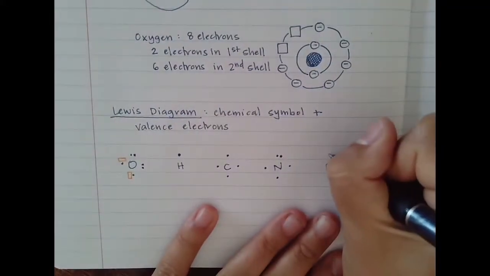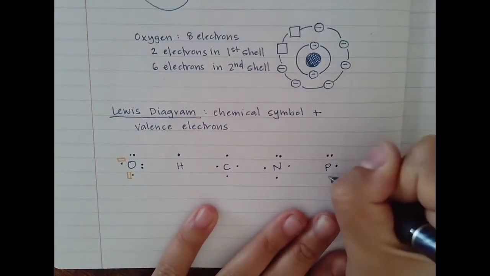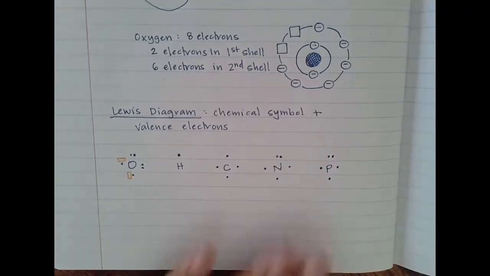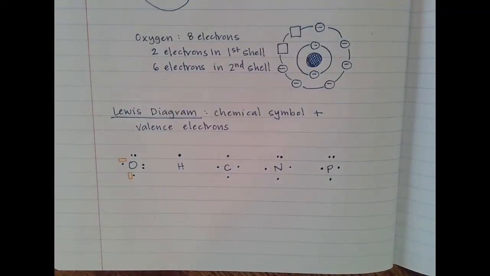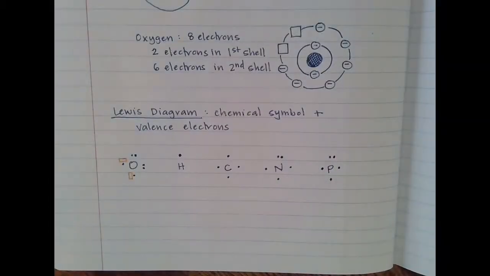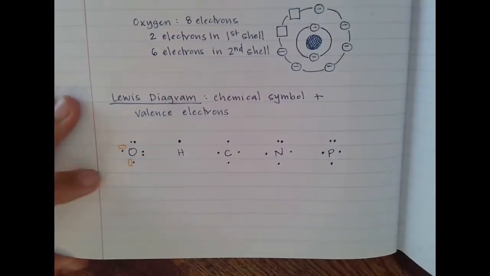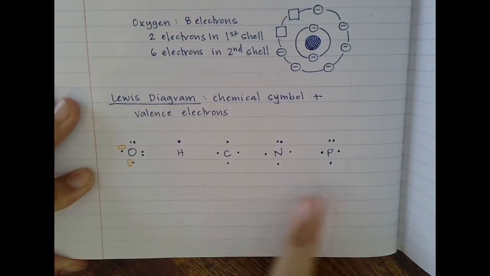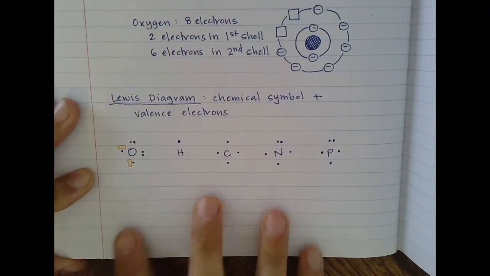What this means is that the Lewis diagram for phosphorus is the same as the Lewis diagram for nitrogen. It just happens that their outer shells have the same number of valence electrons because they are in the same column. Okay, we are going to leave some space down here in case you want to take some of your own notes or give yourself some extra practice.